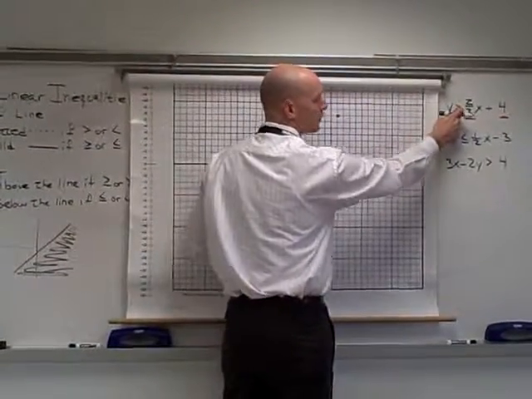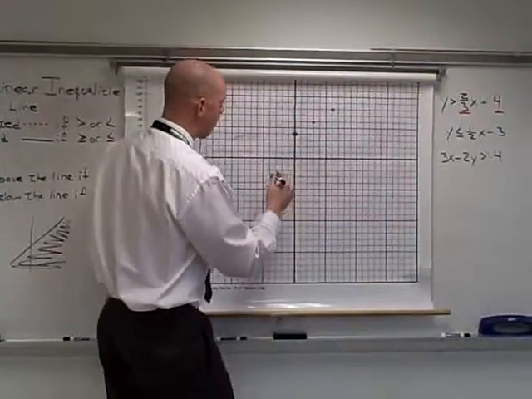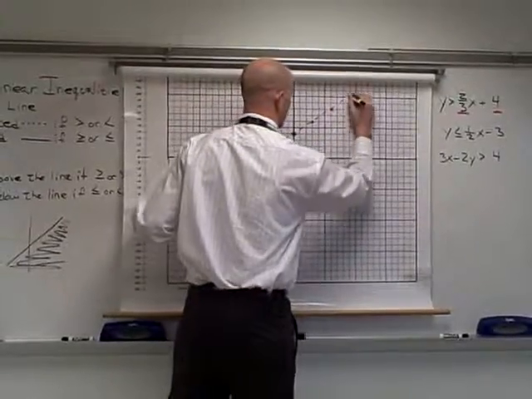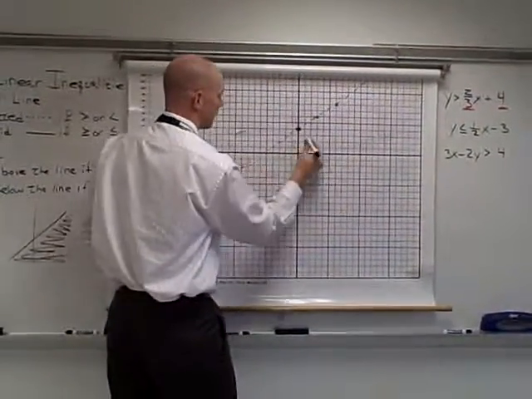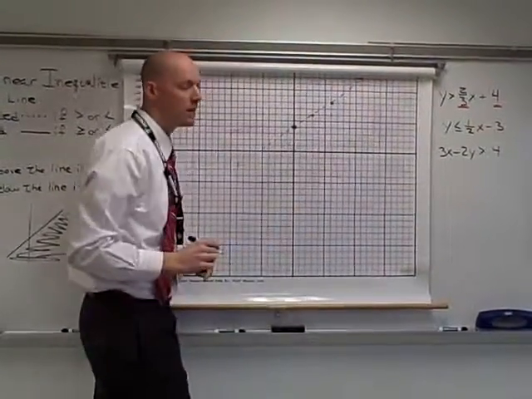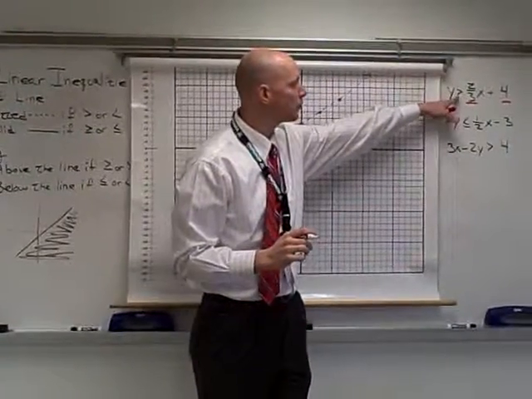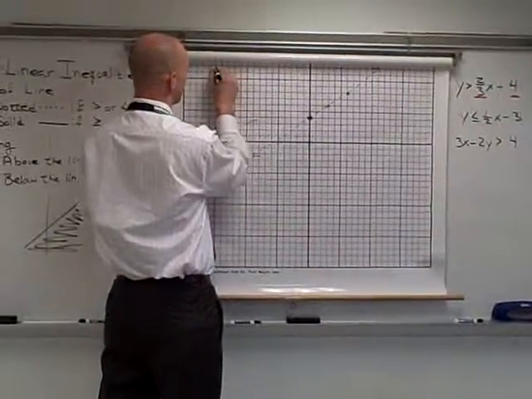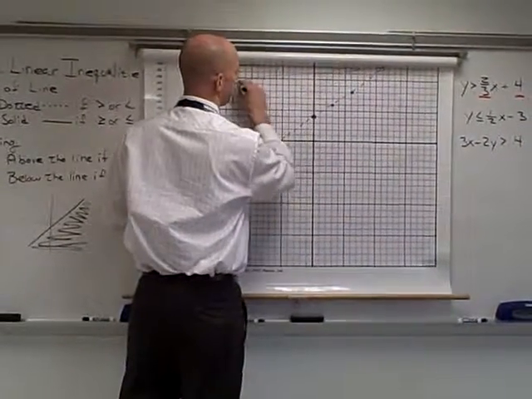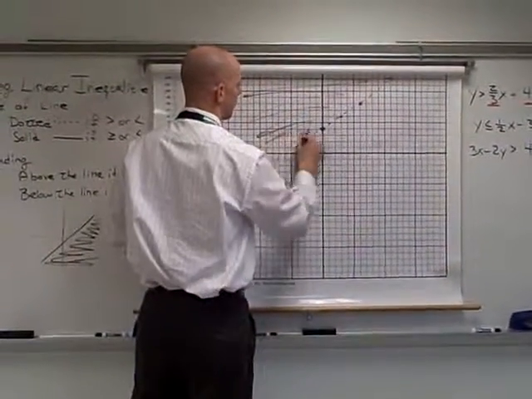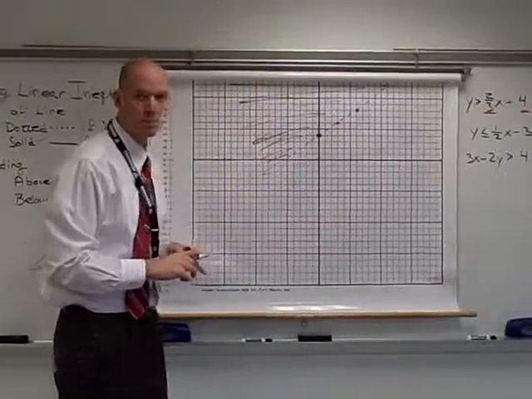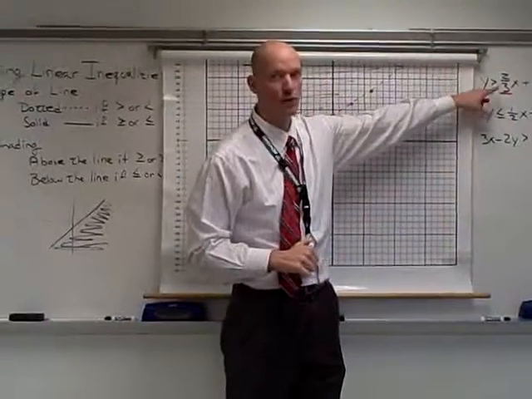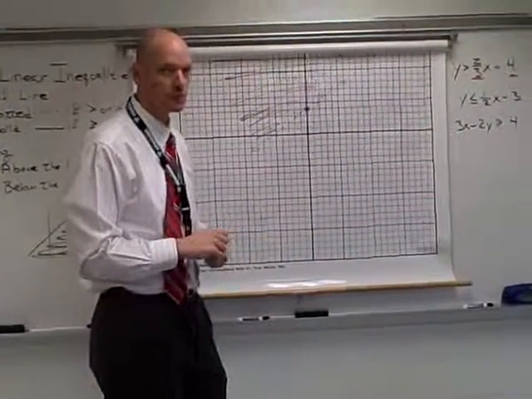Now, since it's a greater than, I'm going to use a dotted line to connect the points, like so. Furthermore, since it's greater than, that tells me to shade above the line, so this graph would look like the following. So there's your first example: y is greater than 2/3 x plus 4.